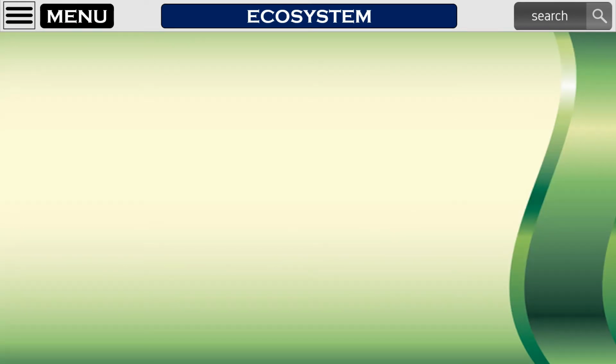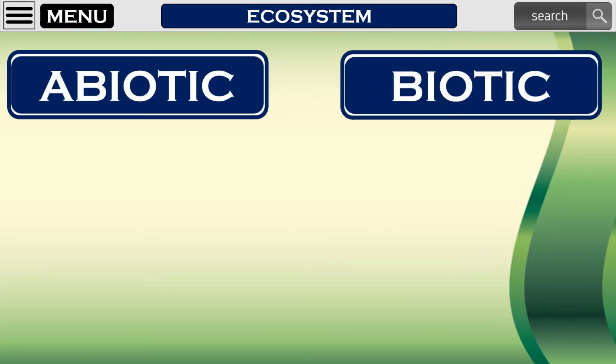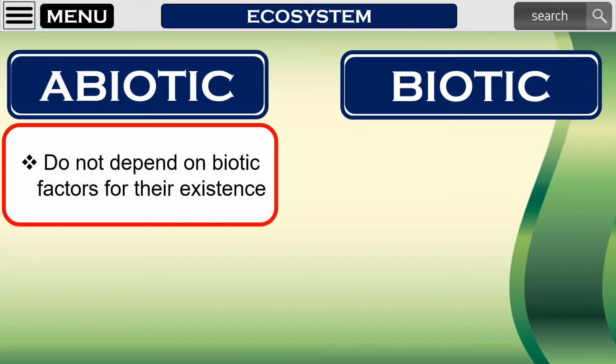Now, let us differentiate both abiotic and biotic components in an ecosystem. Abiotic components do not depend on biotic factors for their existence. With or without the biotic components, there will still be abiotic components in an ecosystem.